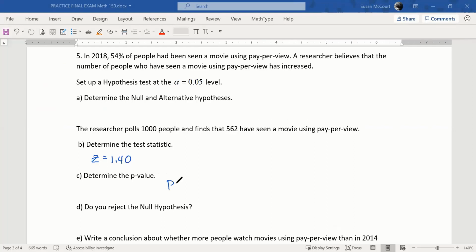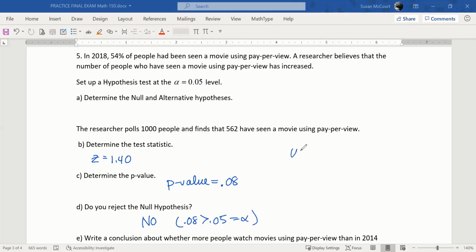My p-value is 0.08. Do I reject the null hypothesis? No, because 0.08 is bigger than 0.05, which is my alpha. And my conclusion is that I can't make a conclusion. I can't say that things have increased.